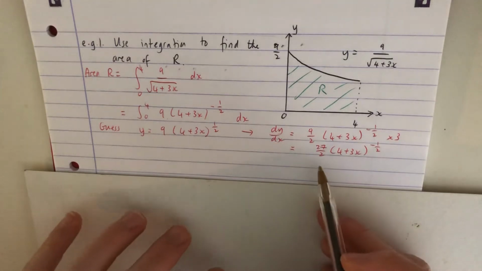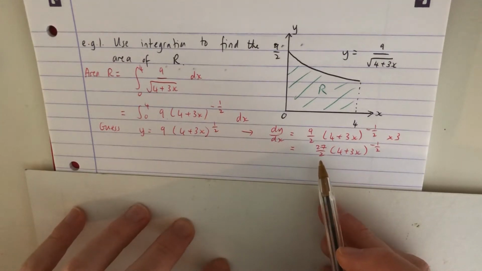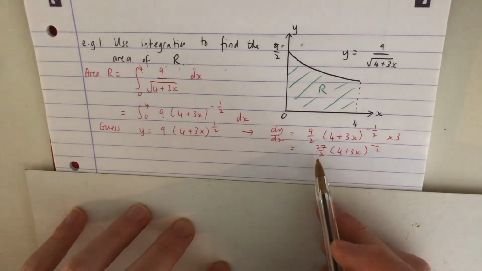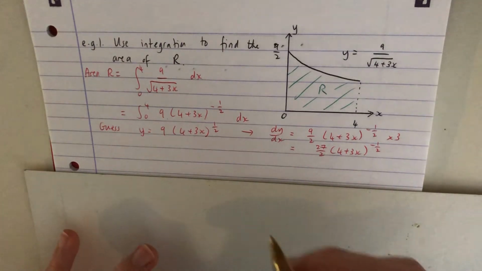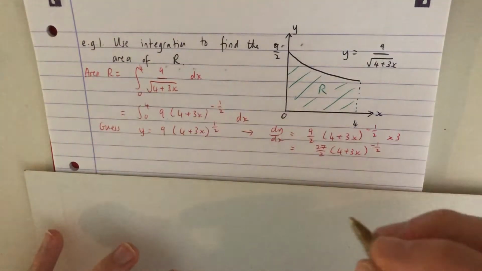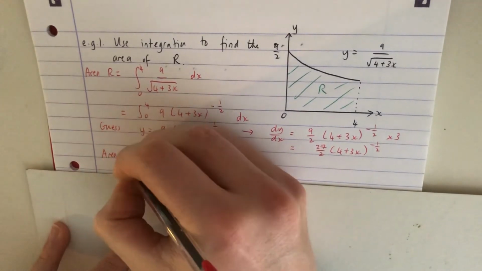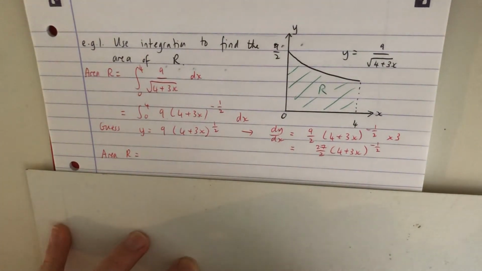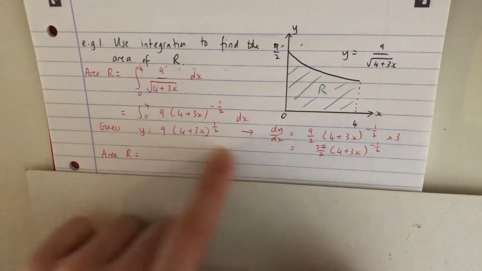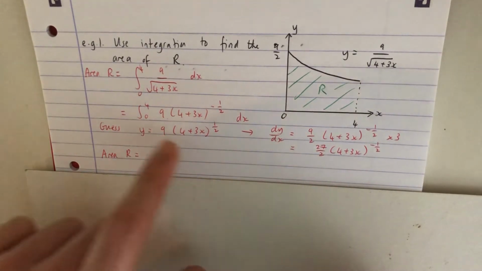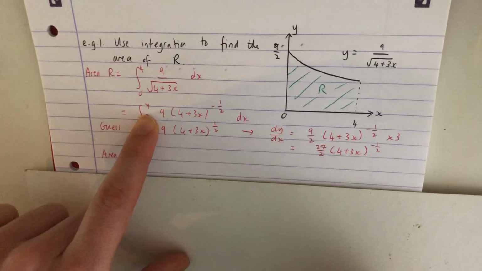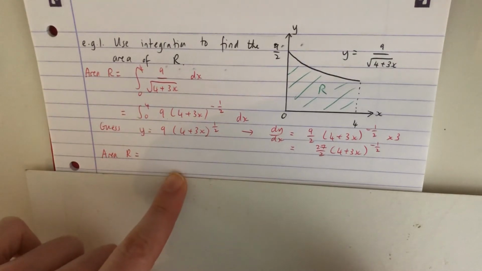I would have to, okay, let's go back up to that. Let's call that area of R again. So my guess gives me 27 over 2 and I want 9. So I would have to times by 2 and divide by 3.